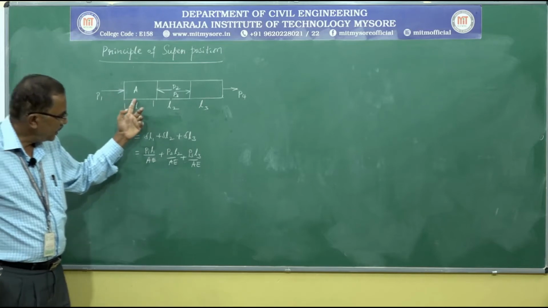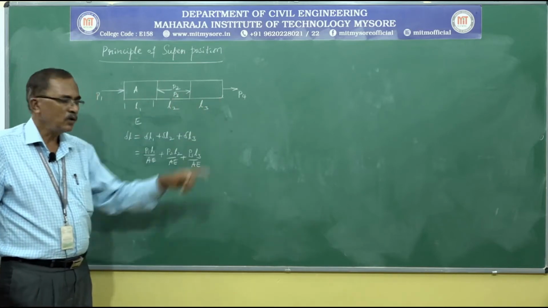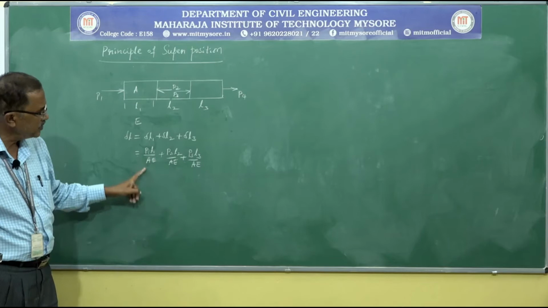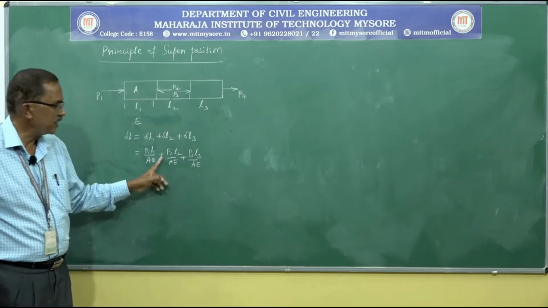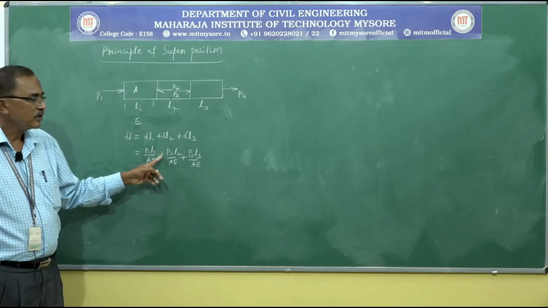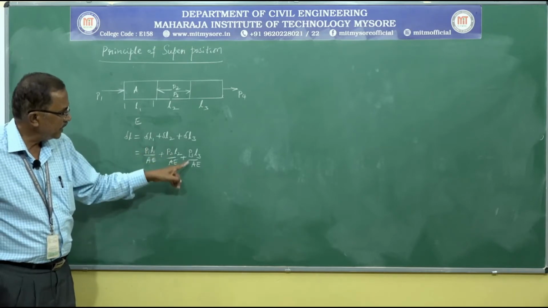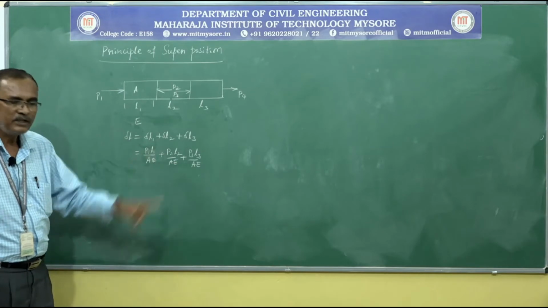If the individual portion is subjected to tensile load, this term will be positive. If the portion is subjected to compressive load, this becomes negative. Carefully, by using the positive or negative sign in this expression, we can obtain the change in length.